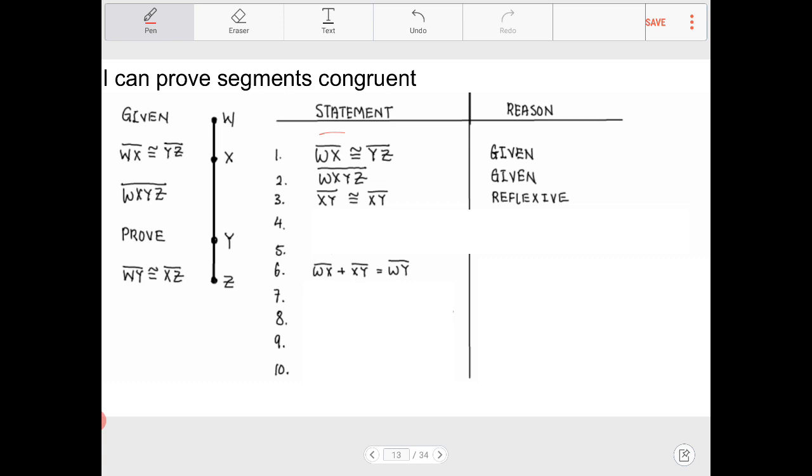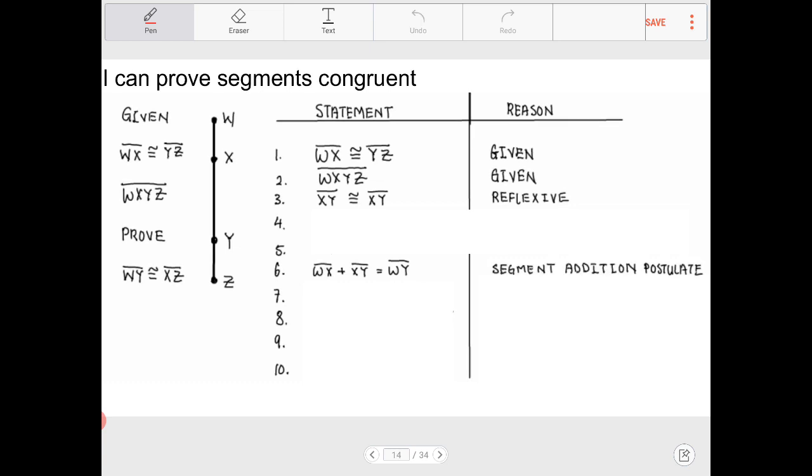So my next statement that I wrote down was, I know that WY, which is what I'm trying to prove congruent to XZ, is equivalent to segments WX plus XY, right? And this is true. This does not require any proof. This is true because of the segment addition postulate.